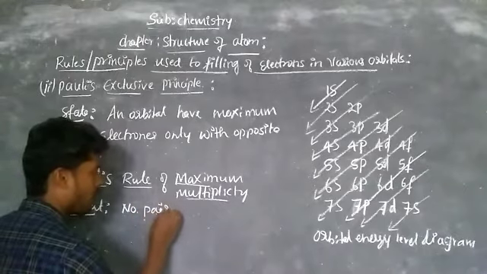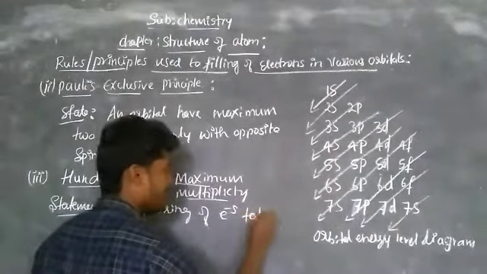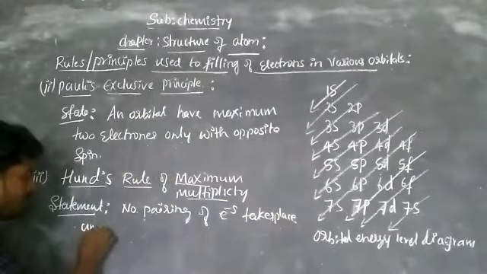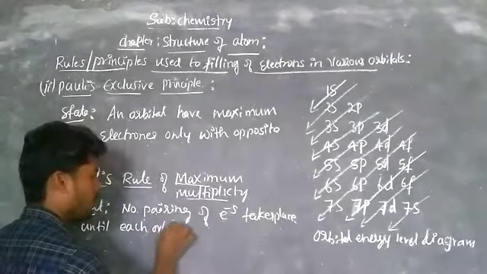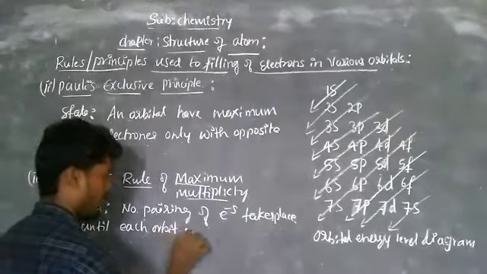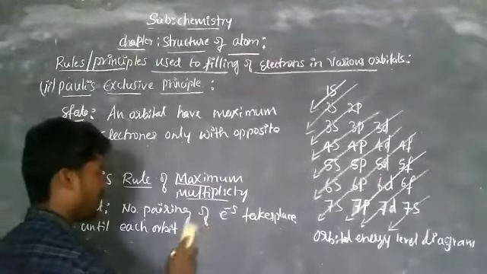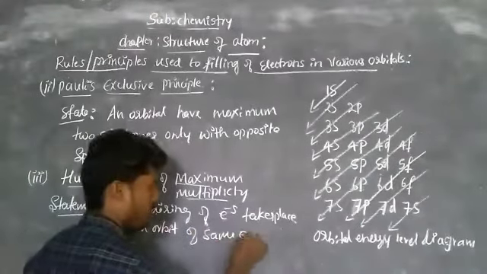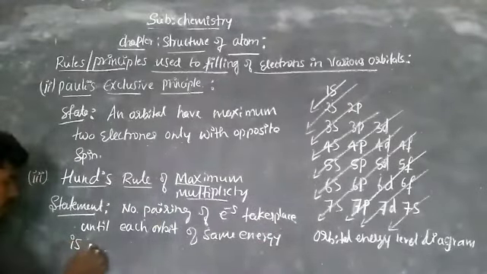No pairing of electrons takes place until each orbital of the same energy is filled or occupied singly.